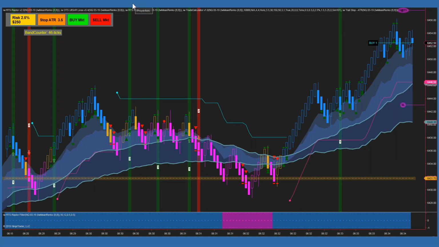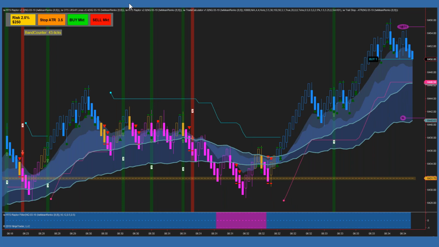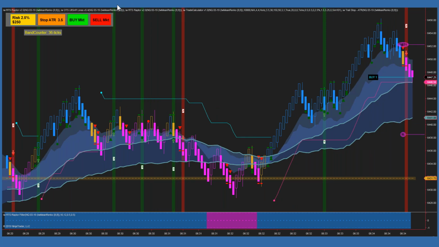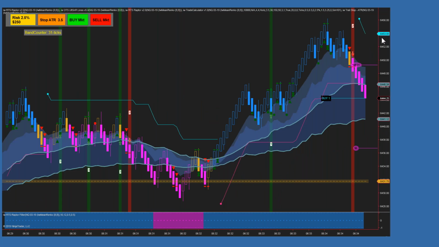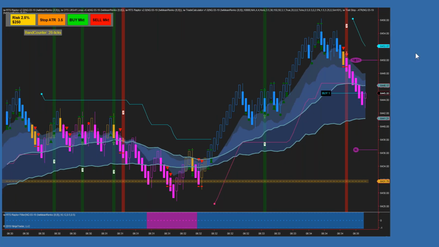Where is my chart trader button? It's up here somewhere. There it is. And the chart trader will actually allow us to automate a trailing stop if we choose. So we're still going to be able to do that, but it will be a little bit different than what we were used to.